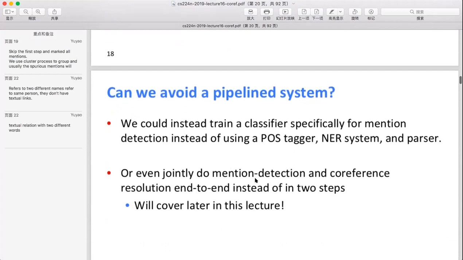And this is another way to build our pipeline system. As we know, we probably need to deal with our pronouns, our names, our nouns, using all those preprocessing systems. And then we start to group, we start to build the models.